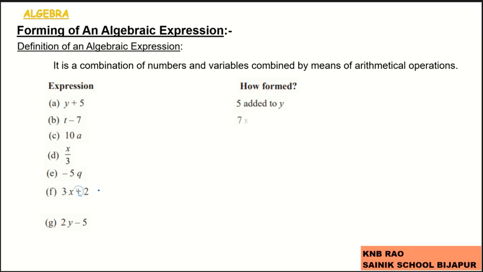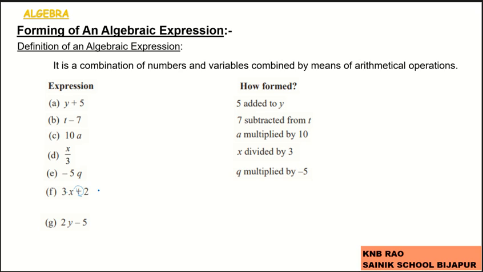We say 7 subtracted from t. How will we normally say 10 into a in words? a is multiplied by 10. X by 3 is said as x divided by 3. Minus 5 into q is said as q is multiplied by minus 5.